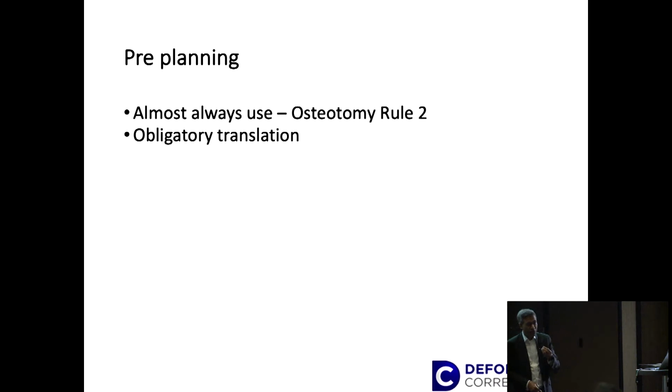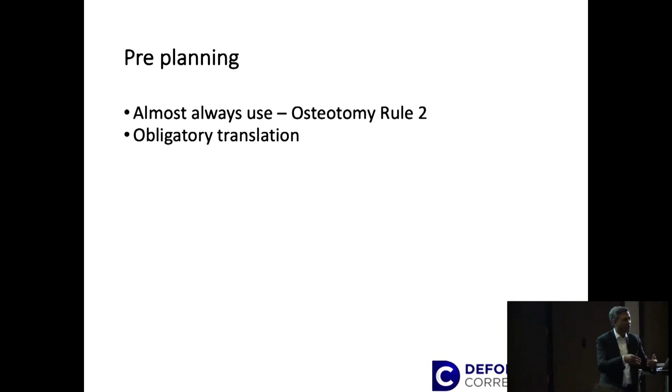Now, osteotomy rule becomes very, very critical, and that's the reason osteotomy rules are important, because rule 2 is often used. Because if you see, most of our deformities are infection, trauma to children, growth plate. And CORA or apex of the deformity is very low, right? So post-trauma midshaft fractures are not as many.